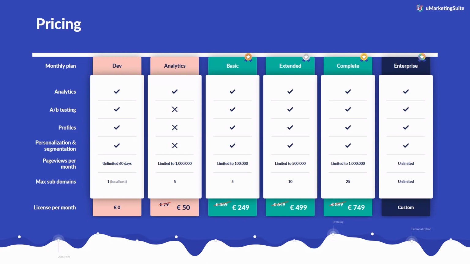The second plan is the analytics plan, that only includes analytics and will run on 5 domains within your single Umbraco installation, and it only costs €50 a month. It's a really good package because it will start collecting all this data that I've just discussed.